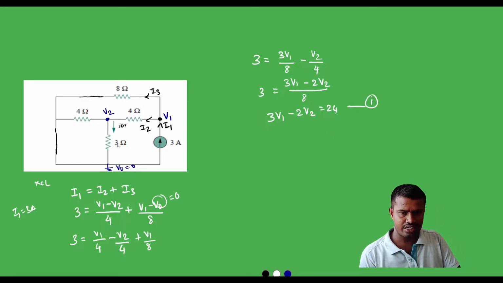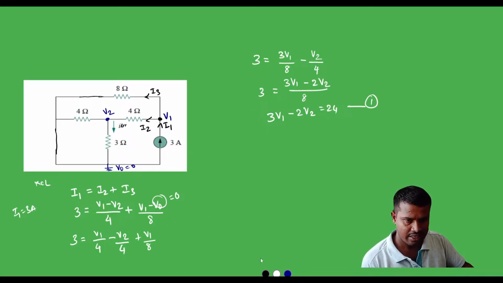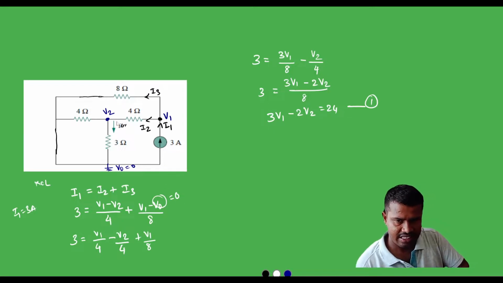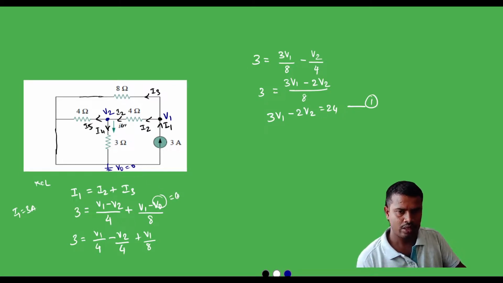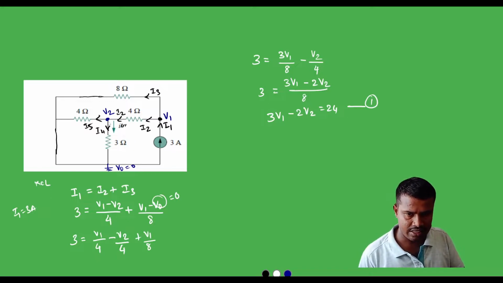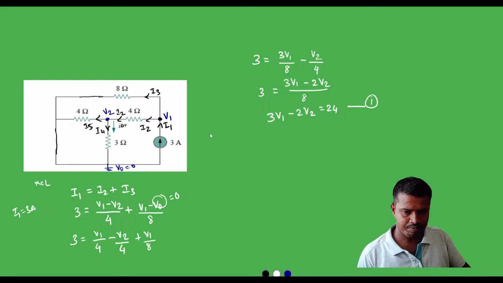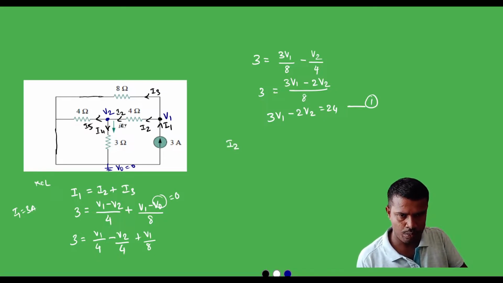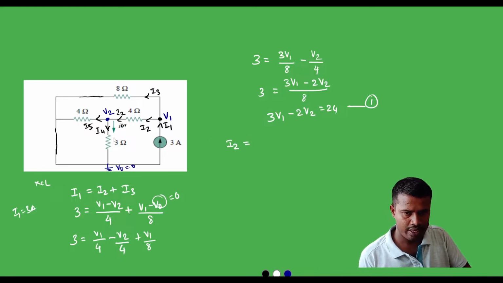Now I am interested in finding the value of current flowing through the 3 ohm resistor. For that we need to mark certain currents. The incoming current is I2 and the outgoing currents are, let us say, I4 and I5. Now applying KCL to this junction, we can write the incoming current I2 is equal to the outgoing currents I4 plus I5.